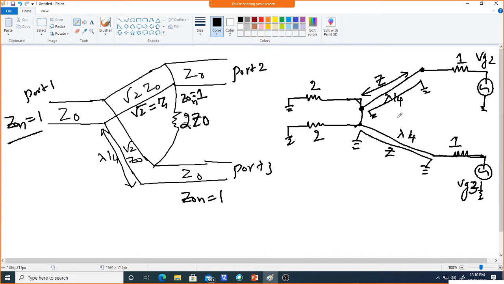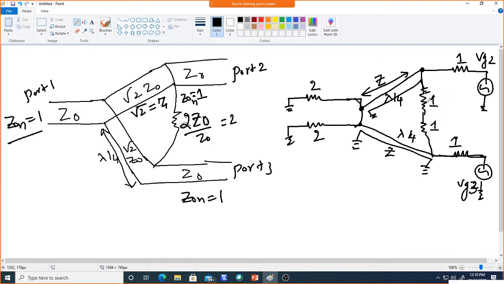Okay, and between port 2 and port 3, there is a resistance which is having 2 Z0, and if you take this one as normalized value, it will become 2. So now that will be divided as the series resistance which is having 1 and 1 value.